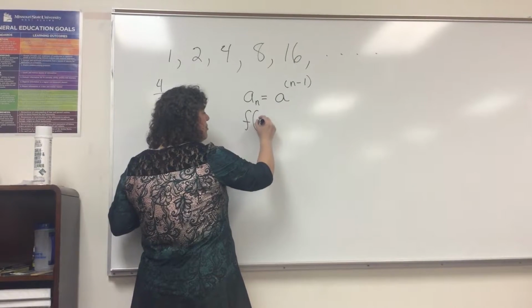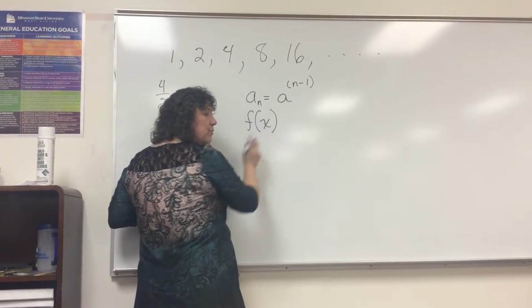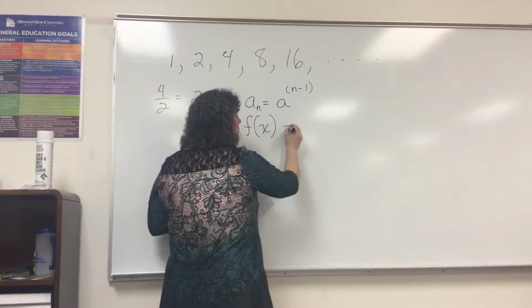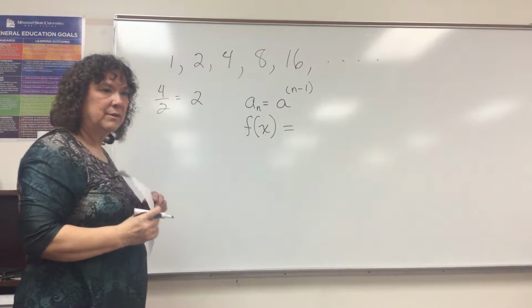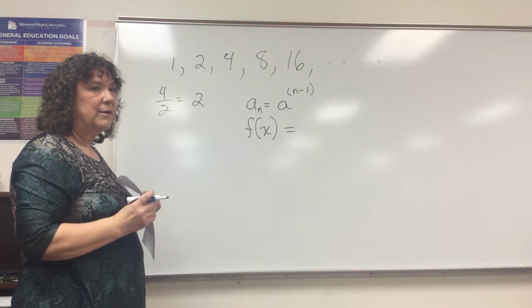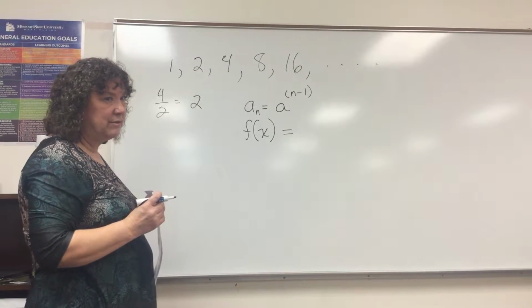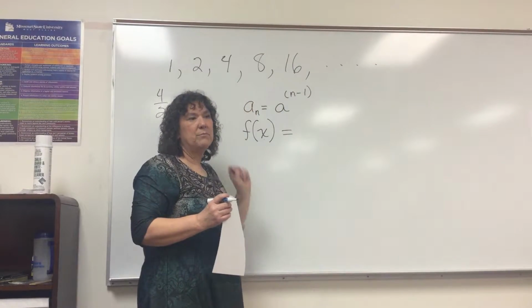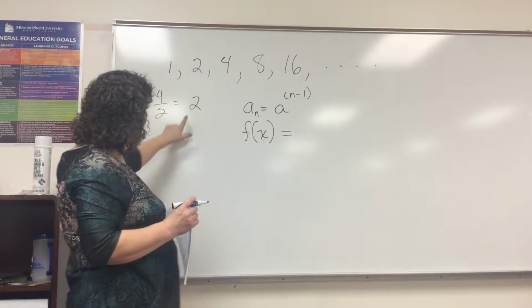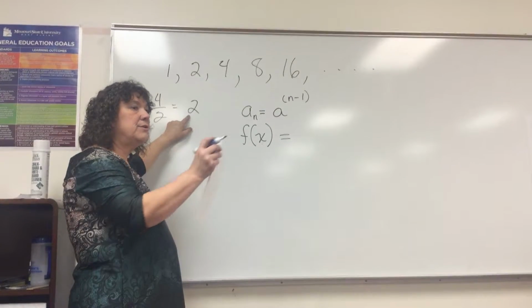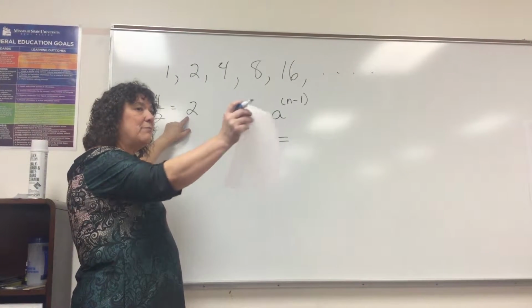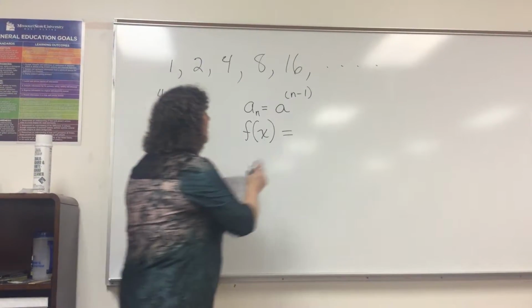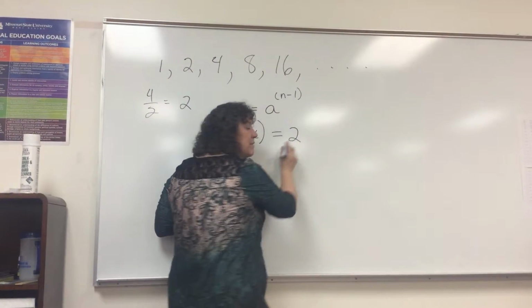In other words, a function at the value that we put in for x, right? And what is that going to be equal to? If we're talking exponential, what is our a in the case of this sequence we built up here? 1? 1 to the first power? No, it would be 2. It would be 2, and that would be the base, right?